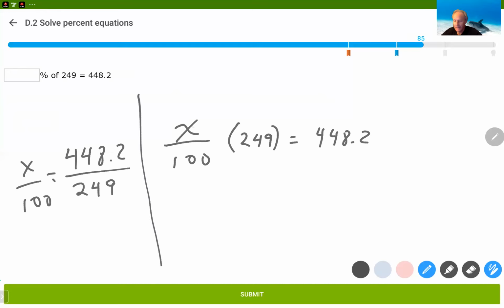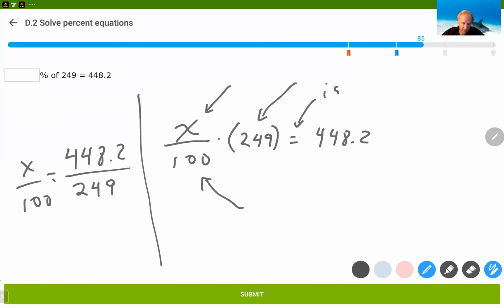I basically said x percent of 249 is 448.2, or is over of, and we want to divide that.